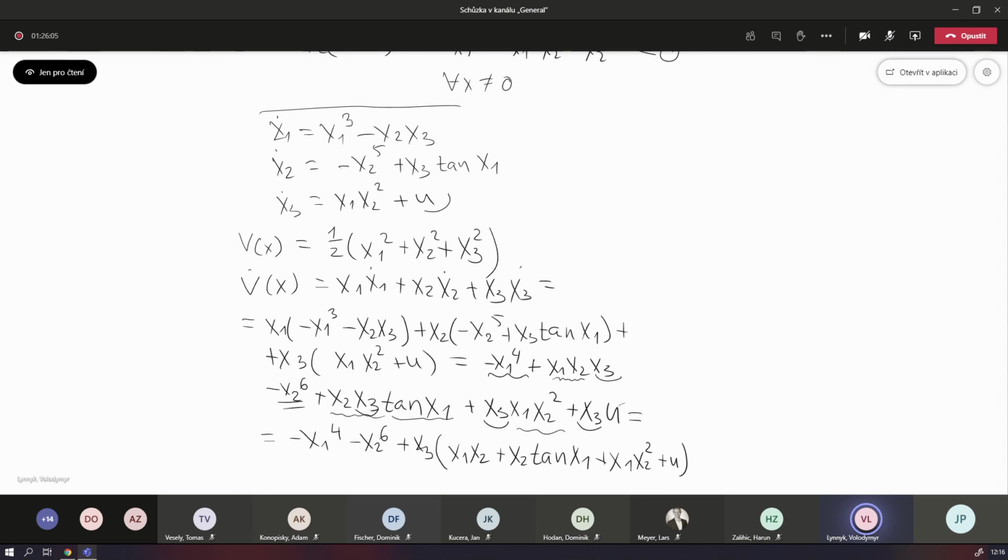Okay, and now we need to design this u to render the origin globally asymptotically stable. Any idea what we need to do?